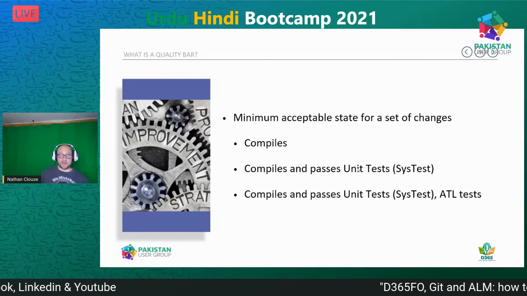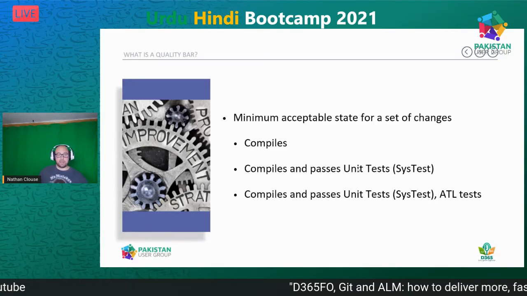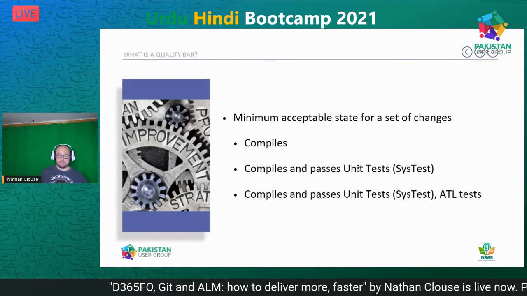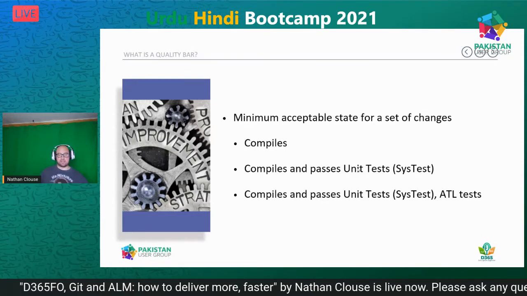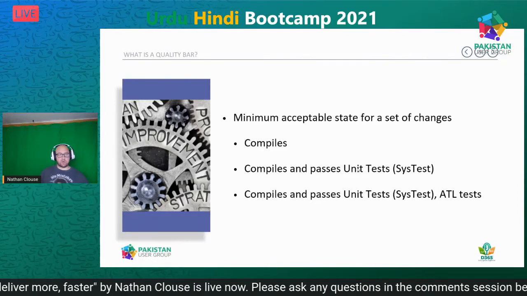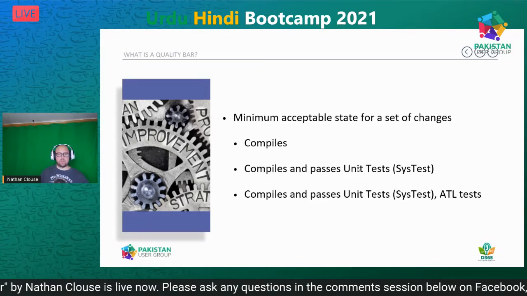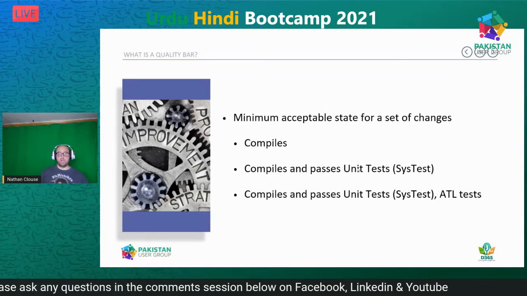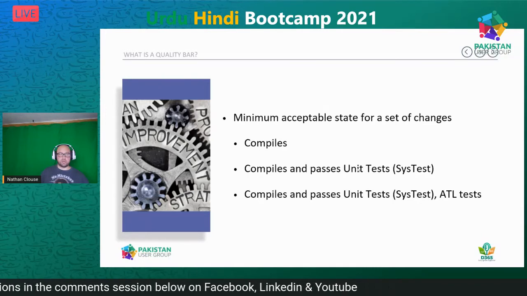We need our code to compile. But does it compile and pass unit tests, or as well, does it pass ATL tests as well? So we can get into a real high degree of code quality and code delivery just by adding in some additional testing, and this all happens before a more senior resource would review it.